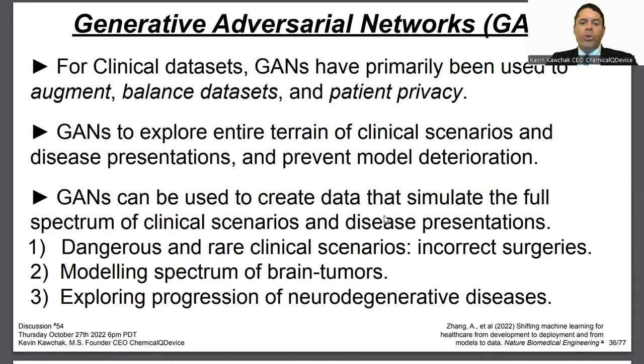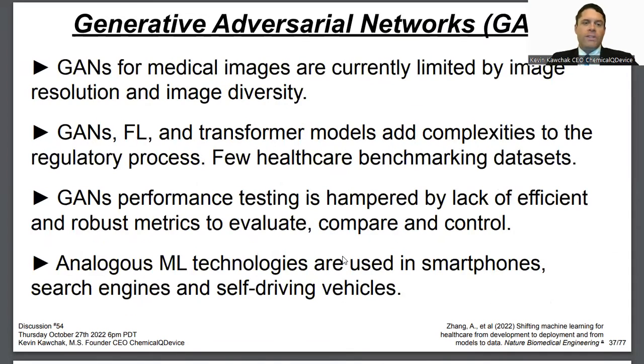So obviously with ChemicalQDevice, it's always about making new, better images using quantum technologies. And then what this is saying is a lot of the industry is also, on top of getting better images, using training with these adversarial networks too.